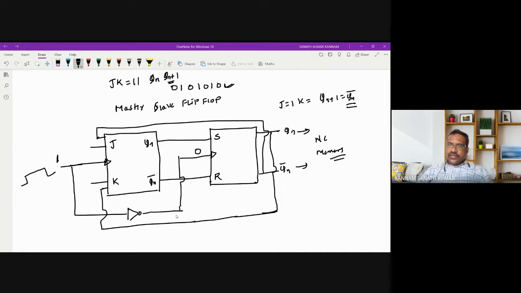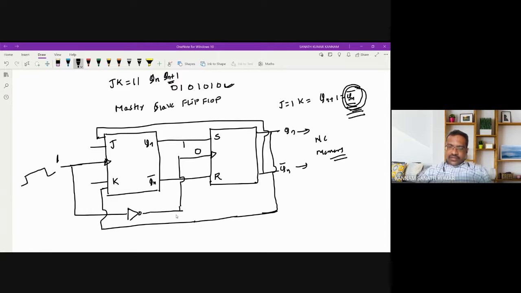Memory state. So the outputs are given to the SR flip flop. What is the previous state? Previous state will be the toggle state. So by making this clock 0, whatever the inputs for the SR flip flop, the output of this master slave flip flop will be in the toggle state only.